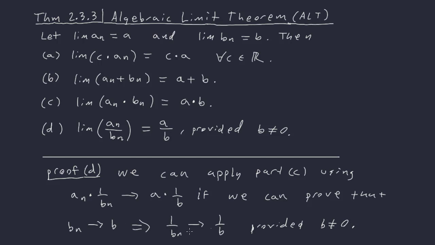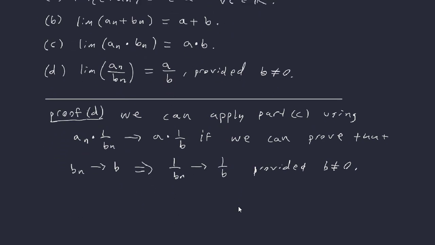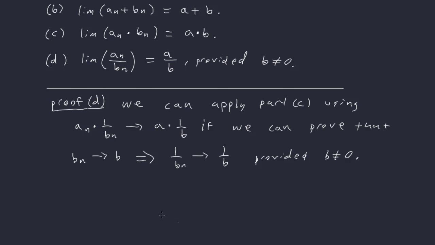Okay, so really we can just prove this, that 1 over Bn converges to 1 over B. If we can do that, then we can just apply part C to get the division part in general. All right, so this is what we're going to focus on proving.